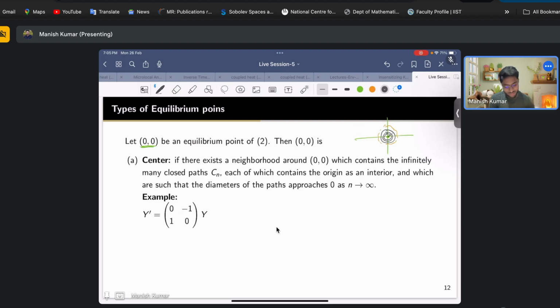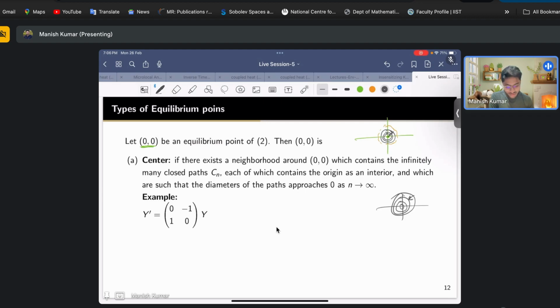Basically the idea is that any neighborhood you consider around 0 0 will contain many paths, and the size of them will either increase or decrease. It depends on how you look. If you look from this side, you will say the size is increasing, and if you look from here, the size is decreasing.